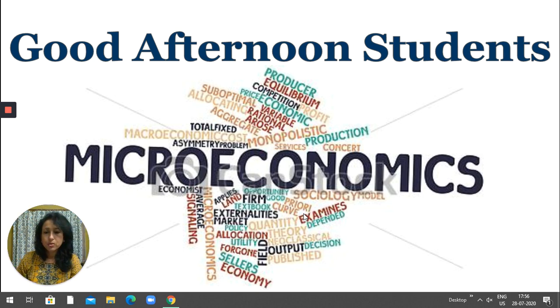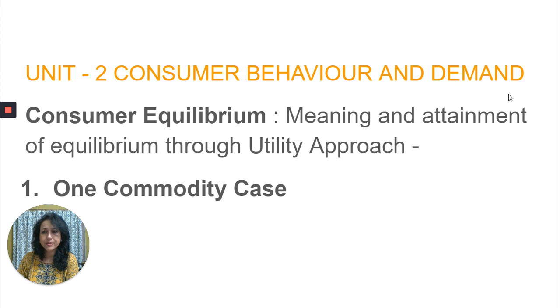Okay. So, like I said, we are going to talk about Unit 2. We have got it written in the slide. So, Unit 2 is about consumer behavior, and here we are basically studying equilibrium, the meaning of consumer equilibrium, attainment of equilibrium, what is known as the unit approach.